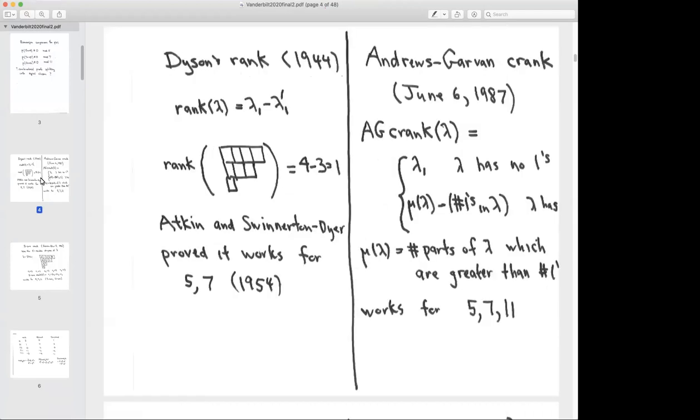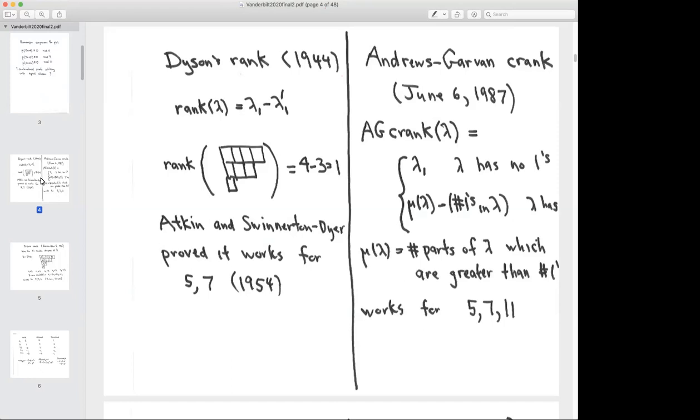For 5 and 7, this was done by Dyson. He invented this statistic called Dyson's rank in 1944. Given a partition lambda, the rank is the largest part minus the number of parts. So here I have this Ferrers diagram of the partition 4, 3, 1. The largest part is 4, the number of parts is 3, the rank is equal to 1.